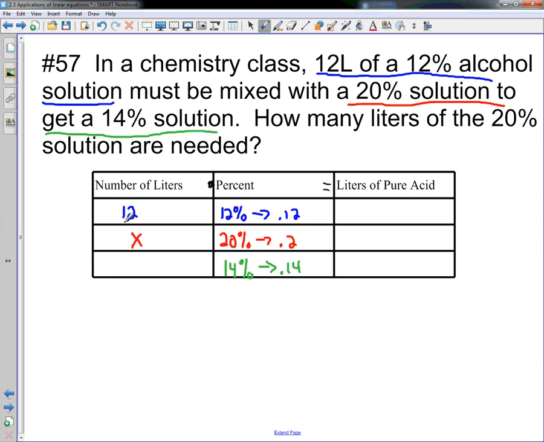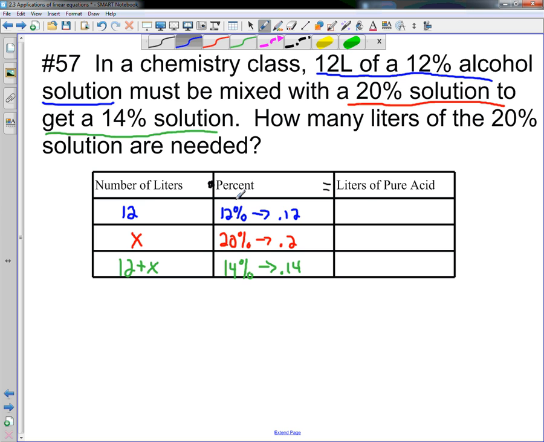Well, we don't know how much of 20% is. We do know how much we have at 12%. So what ends up happening is the total number is 12 liters from the first one, plus however much we have in the second one.